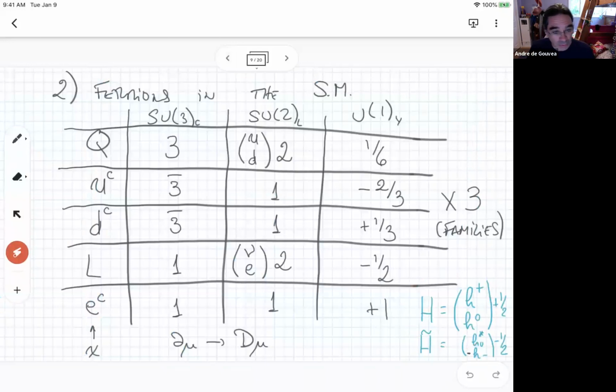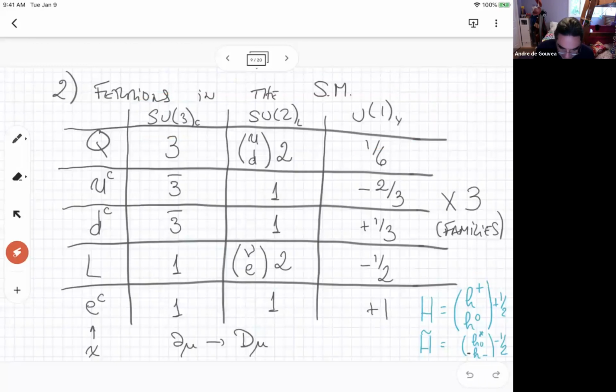It's not possible, at least not at the renormalizable level. And I'll talk about that in just a minute. But the really important message is that staring at this fermion content and these gauge interactions, even with the help of the Higgs, you can't give neutrinos a mass. You need new degrees of freedom.